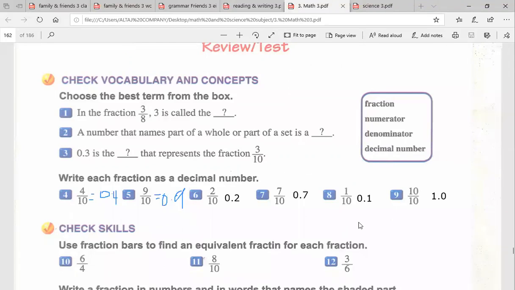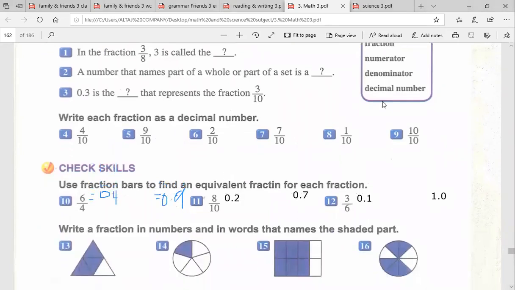Let's go to check skills. Use fraction bars to find an equivalent fraction for each fraction. Now question 10, we have 6/4.